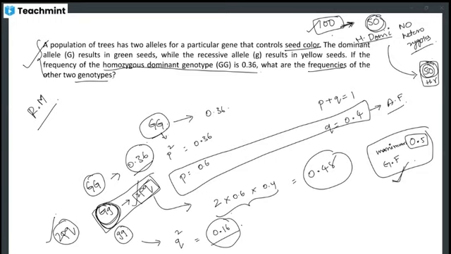Anyone? 0.7. Okay. So why only 0.7? Can't it be 0.8 or 0.9?